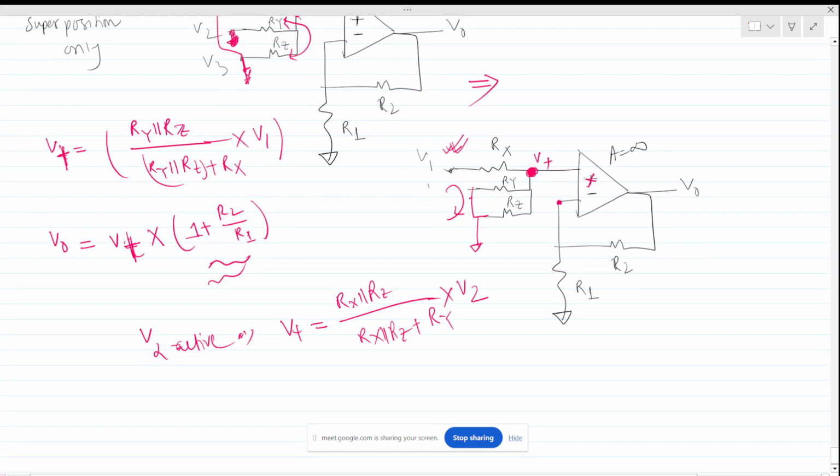So I am not going to write the next one. I will directly write the output expression.